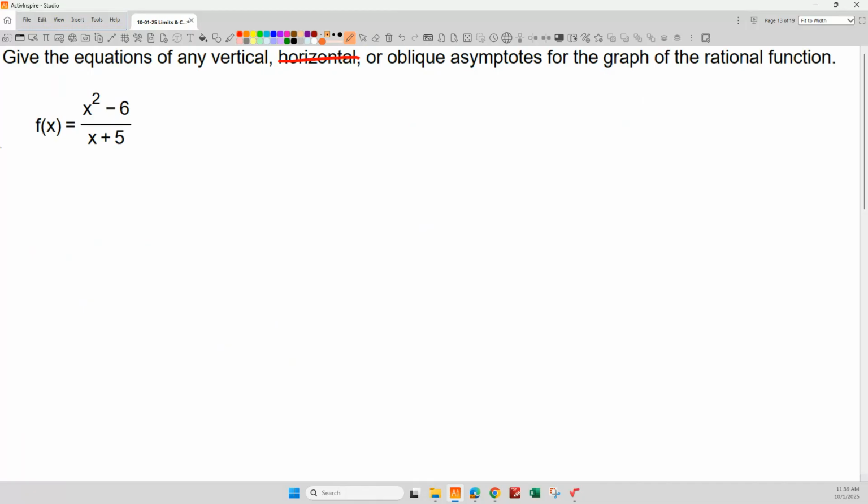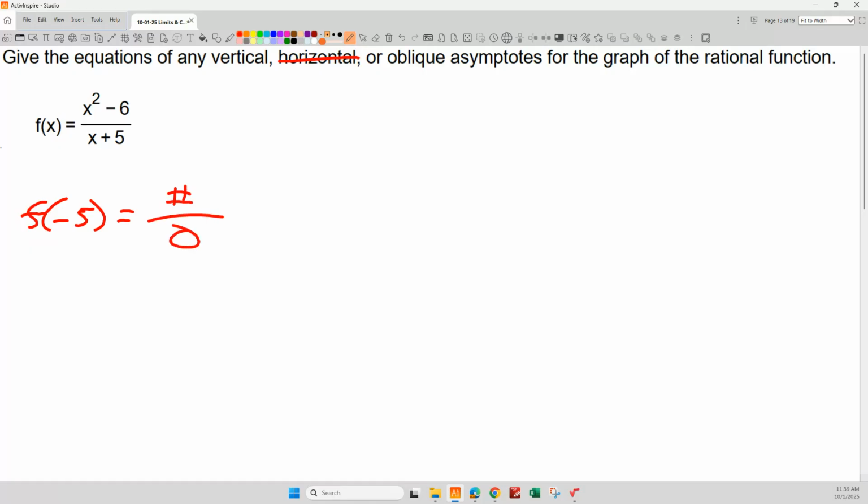What about vertical? At -5. Yes, good. x equals -5 is a unique zero of the denominator. If I evaluate this function at -5, I get a number divided by 0.